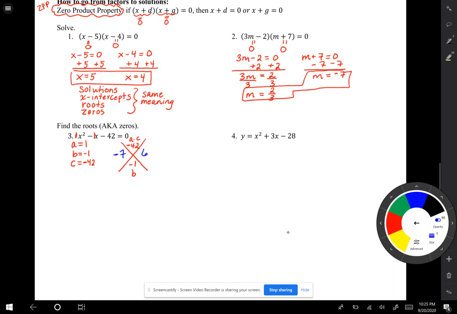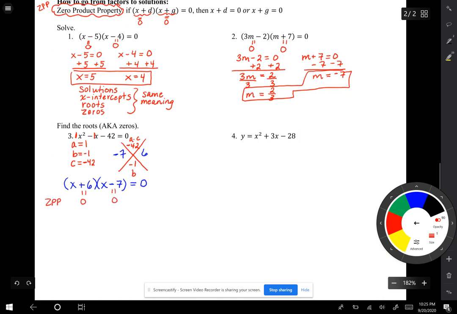Now let's write it in factored form. X, notice it doesn't matter whether I put the negative 7 first or the positive 6 first. But now you have this equal to 0 because it's asking you to solve, whereas on the previous page, there was no equal. Okay, once you have that, then you can use ZPP.